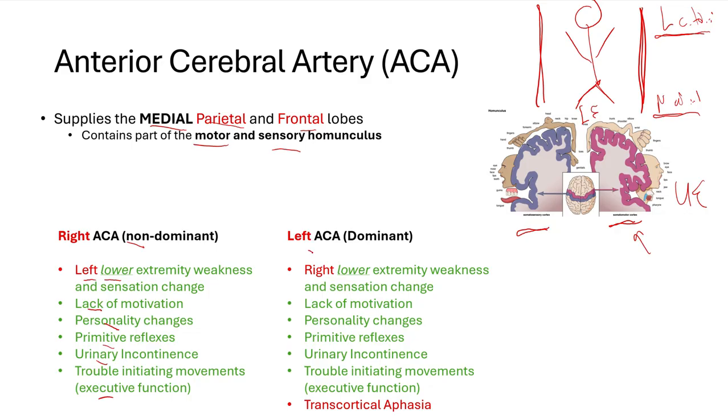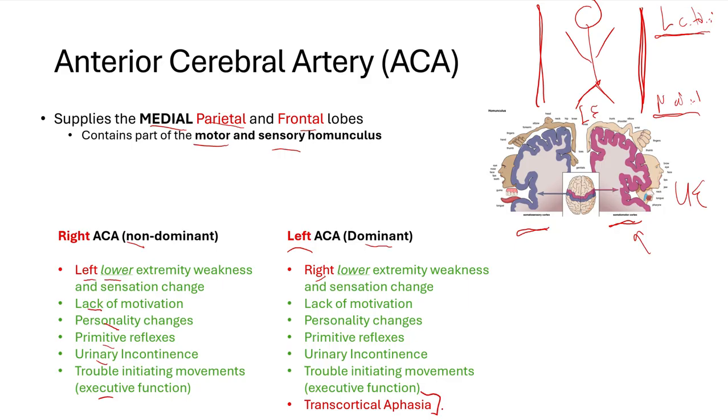The left ACA, on the other hand, or a dominant side stroke, will have right lower extremity weakness and present very similarly. Thus, sometimes the only thing that you can use to decipher between these two will actually be which side is weaker, the left lower extremity or the right lower extremity. But sometimes they'll give you something known as transcortical aphasia.